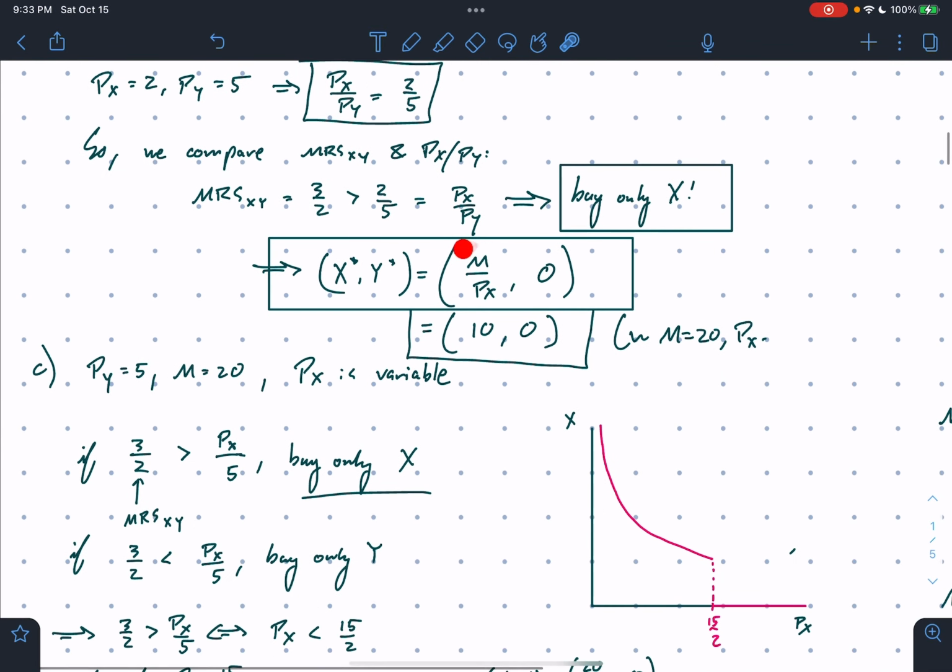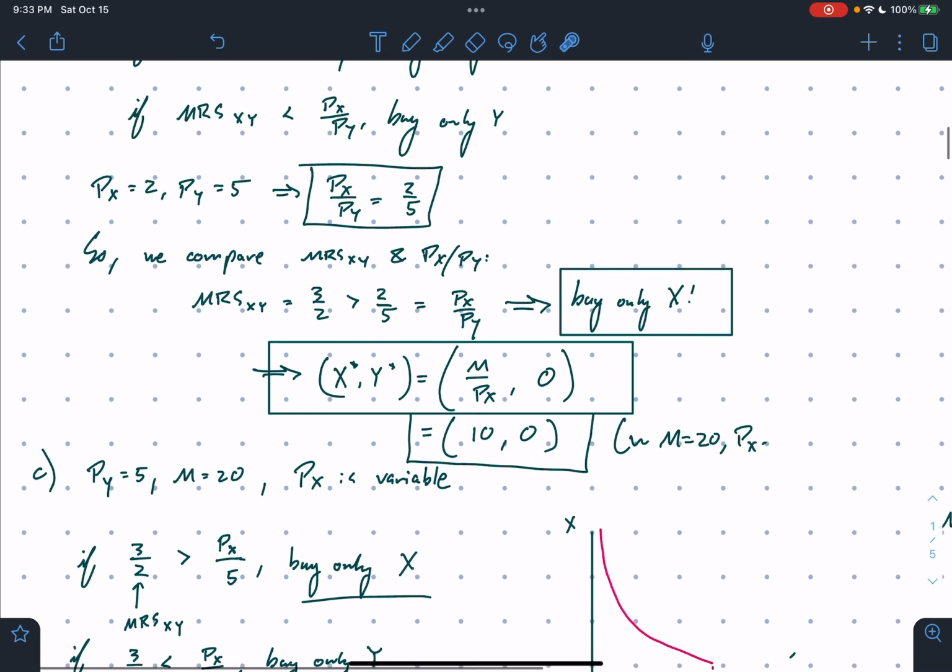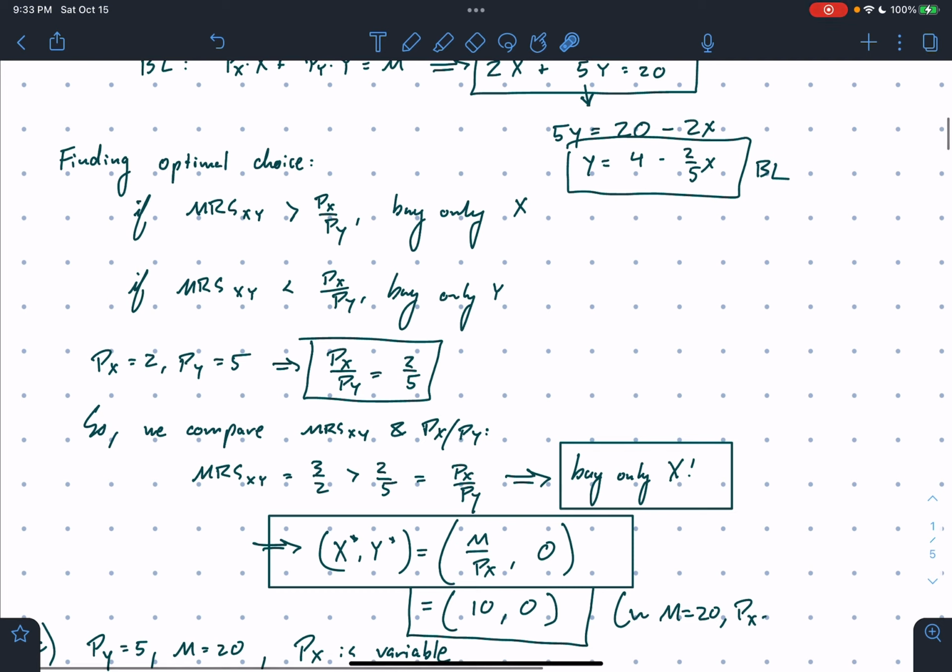We found what the demand for x and y will be, given fixed prices. Well, actually, we know that whenever the MRS of x for y is greater than px over py, we'll buy only x. And if the MRS is less than px over py, we'll buy only y.